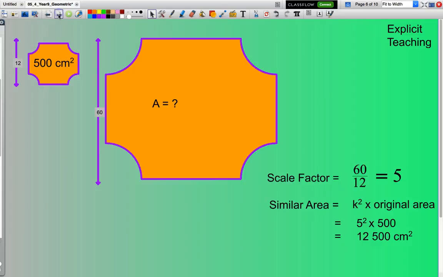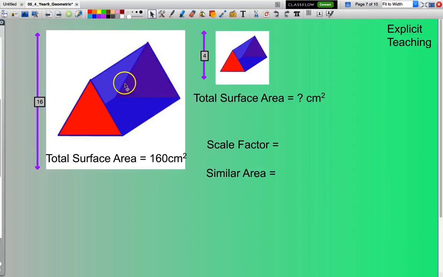And the final example. This time we're looking at total surface area. This particular shape is called a triangular prism. It has a total surface area of 160 centimetres squared. Now it's been reduced, and what we need to do is work out the area of this reduced prism.